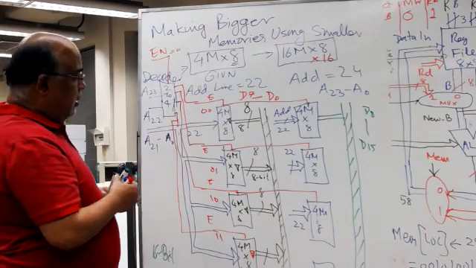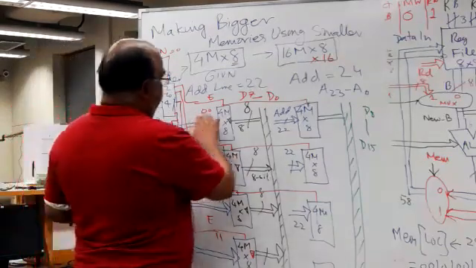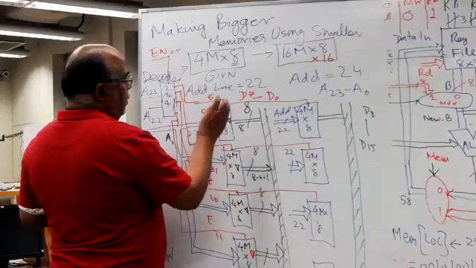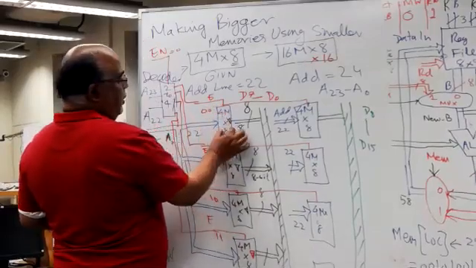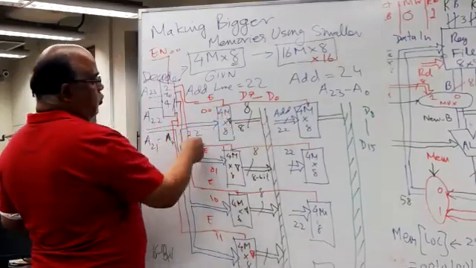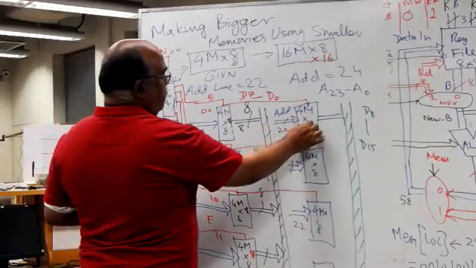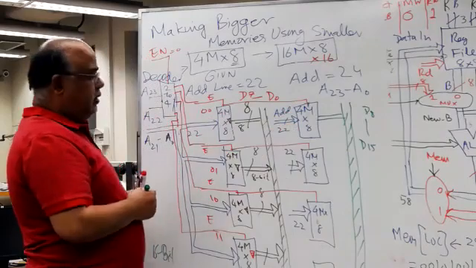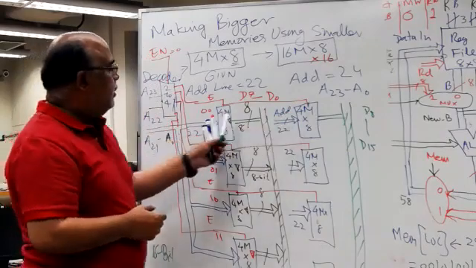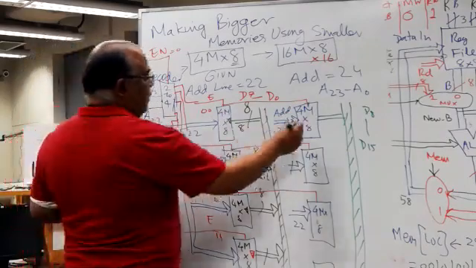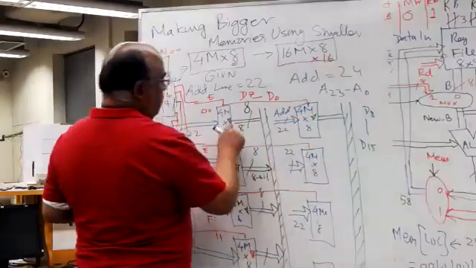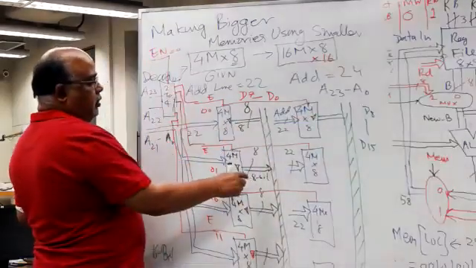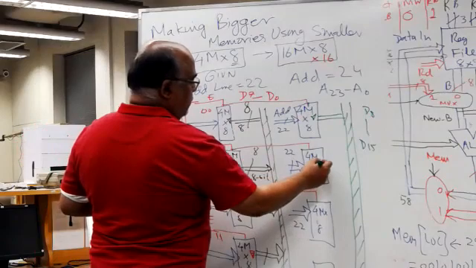So when these two are 00, one byte will be selected from here depending on this 22-bit address, and one byte will be selected from here depending on this 22-bit address. So both of them will be selected simultaneously. Half of the cake will come from here, and half of the cake will come from here.